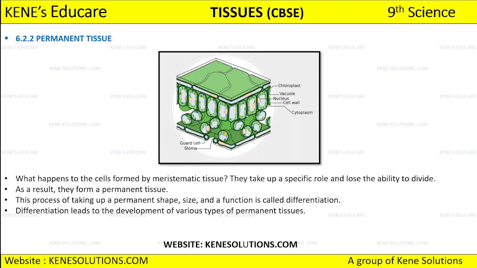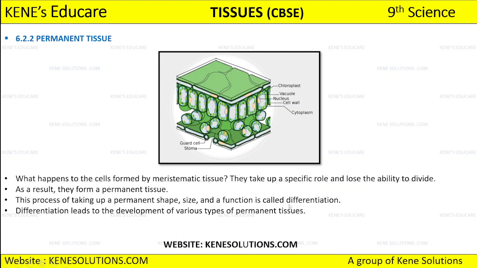So this is how the permanent tissue has been formed by the cells of the meristematic tissue itself. Okay, and the process of taking up a permanent shape, size and function, we call this process as differentiation. क्या बोलेंगे हम इस process को?